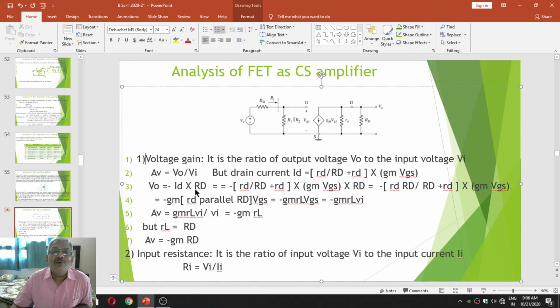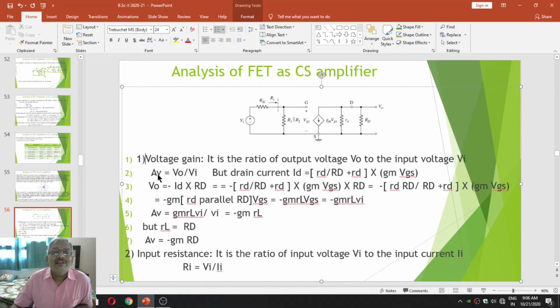Therefore, output voltage is equal to ID into RD. The minus sign is there only because the direction of load current and the direction of drain current are opposite to each other.